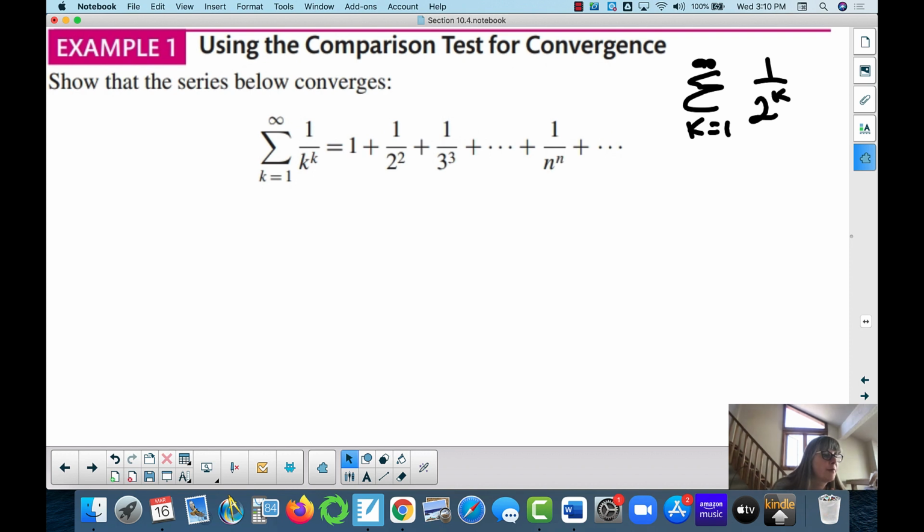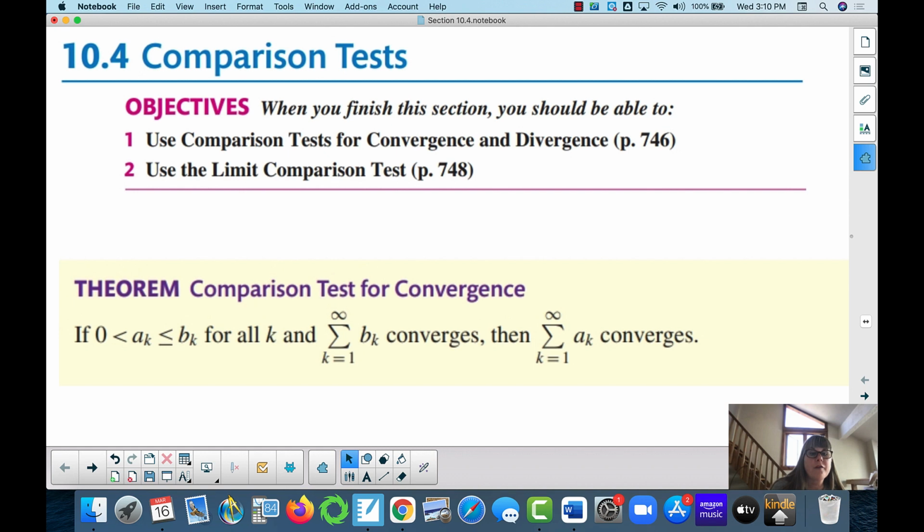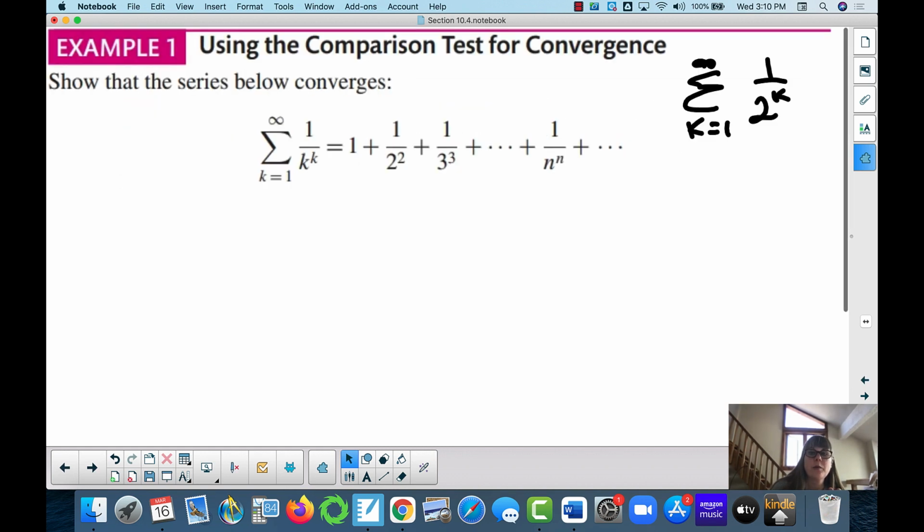But for the conditions, when we have 2 to a power, we know that that is always going to be bigger than the rest of these here. So then the series itself will be bigger. All these numbers are going to be bigger, and so the sum itself will be bigger if it converges.